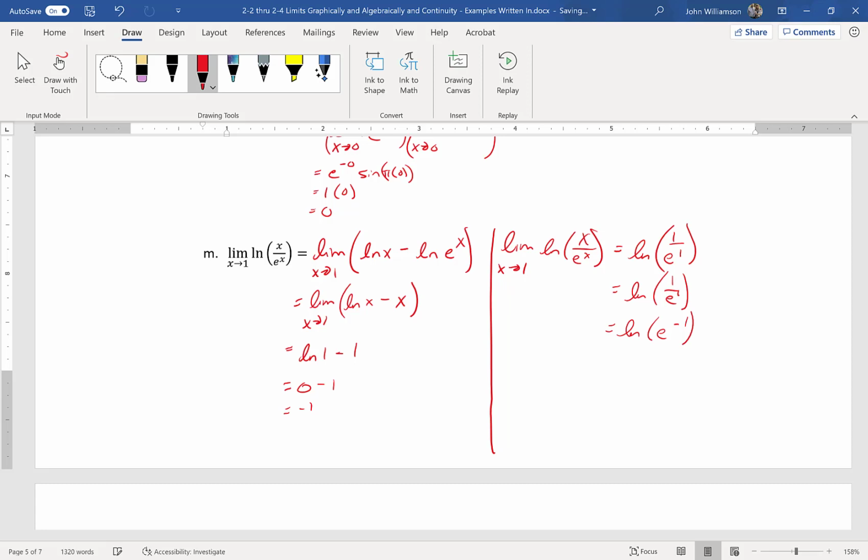And then from here, using that inverse property, natural log and e undo each other, and we're left with negative 1. So in this case, you do get the same answer both ways, as you should. Because if you rewrite the function differently and you've done everything correctly, you should still get the same value in the end, because the function is going to be approaching the same value no matter how you solve it, as long as your mathematics is correct.